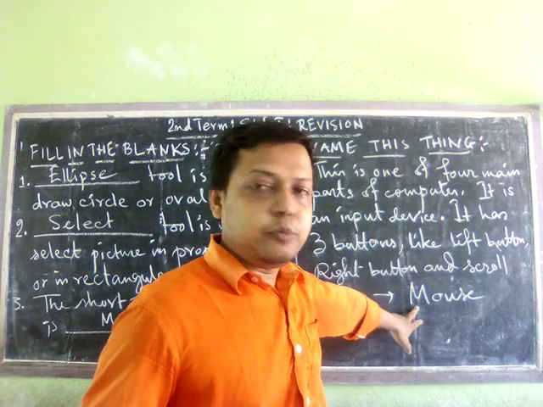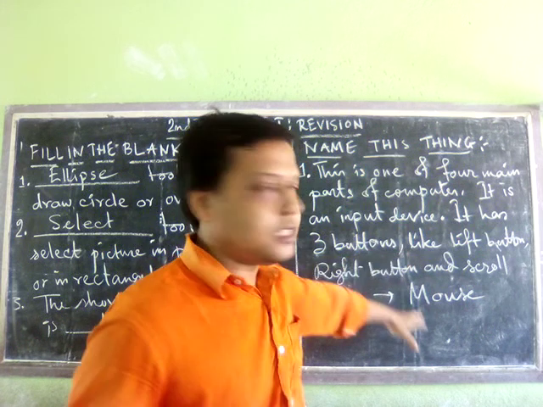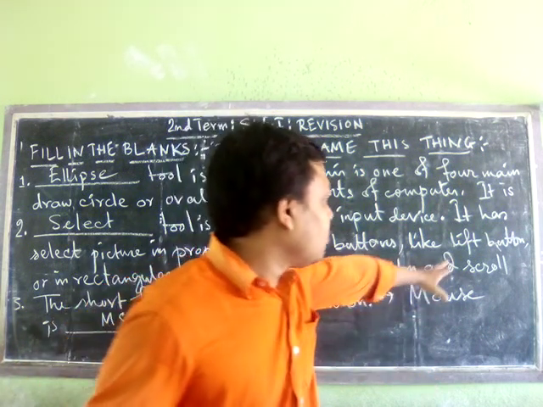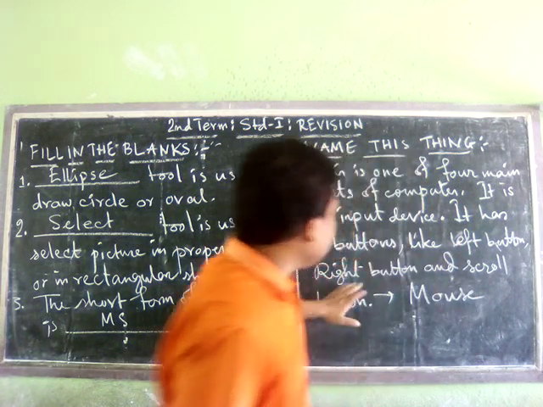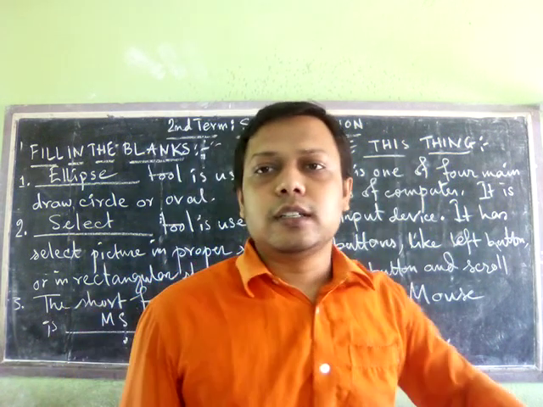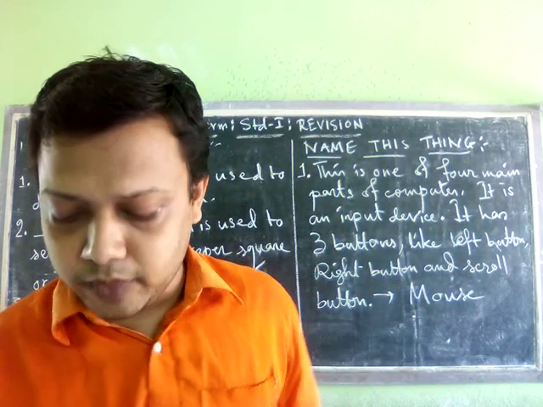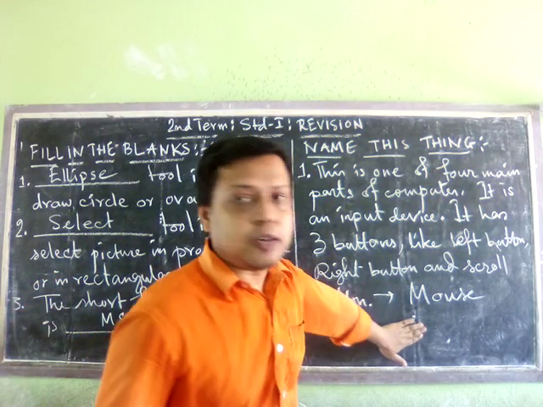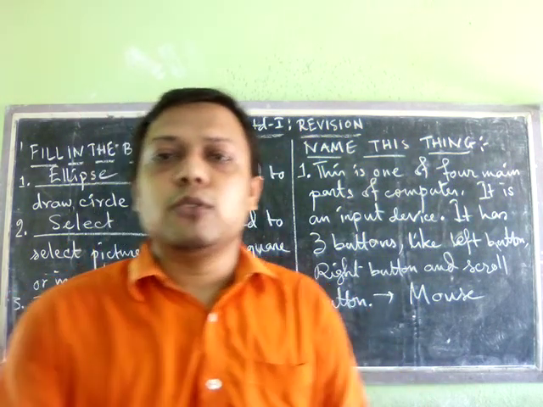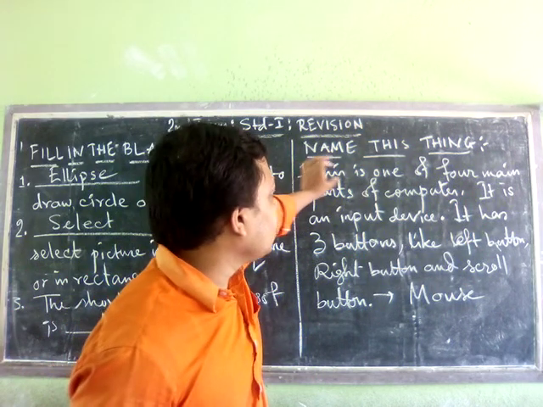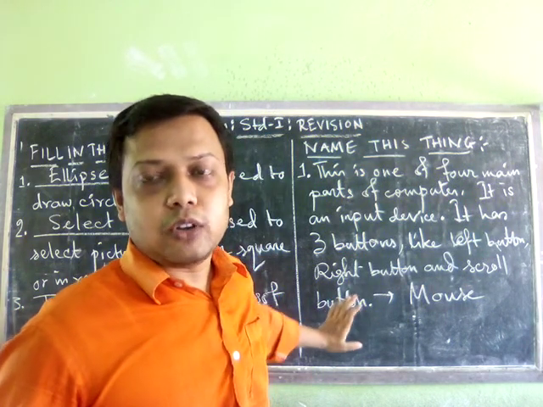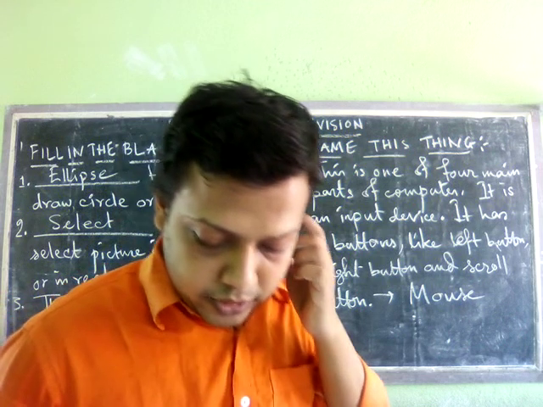Mouse has three buttons: left button, right button, and scroll button. So the thing is mouse. In this way we have to understand that thing after understanding all those hints. Now we are heading to the next question.